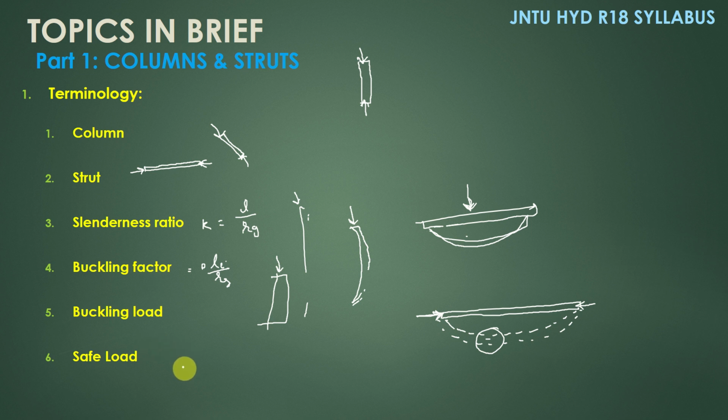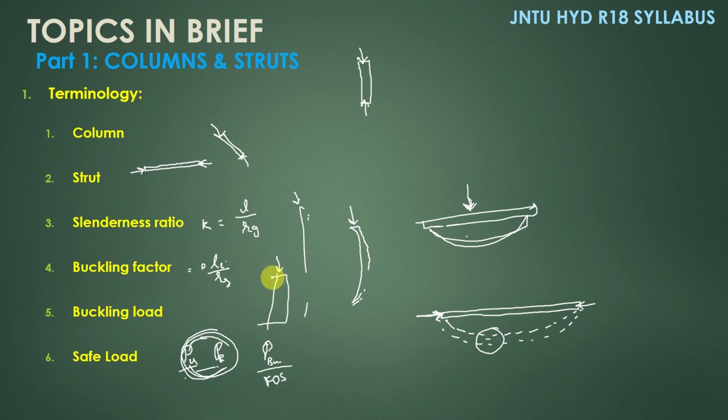And safe load. Safe load is very simple. If you have buckling, Euler's load by factor of safety, or Rankine load by factor of safety, or simply let me say, buckling load P buckling by factor of safety. Buckling load is the load at which the column just buckles.